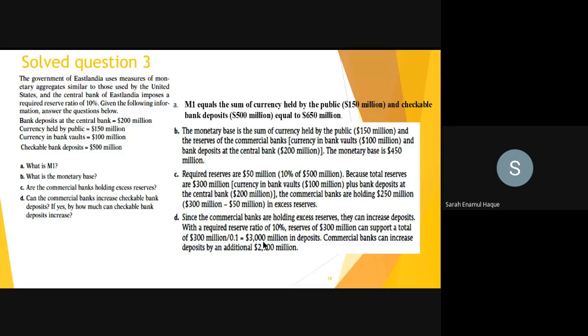So remember the formula I told you about, that total money creation is equal to the initial deposit divided by CRR. So why is the initial deposit 300? One second, let me just check, can support a total of 300.